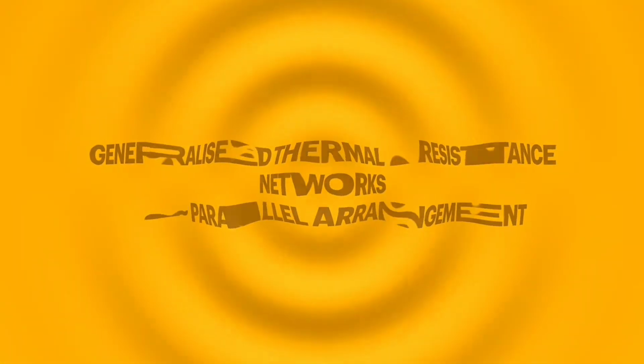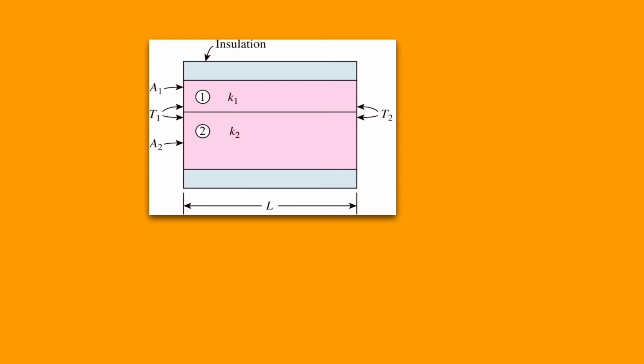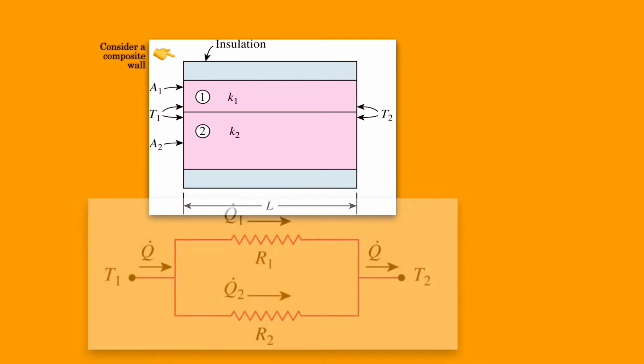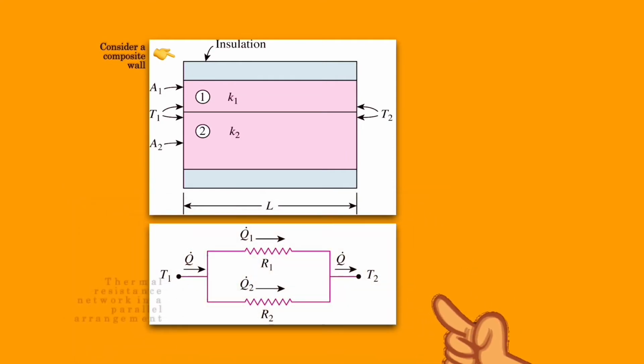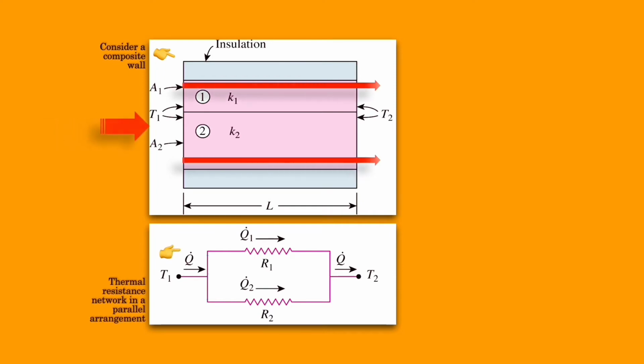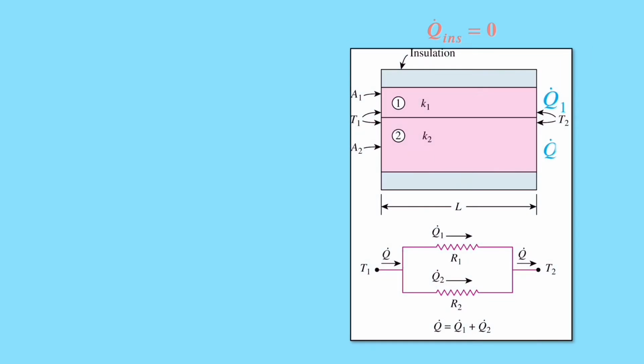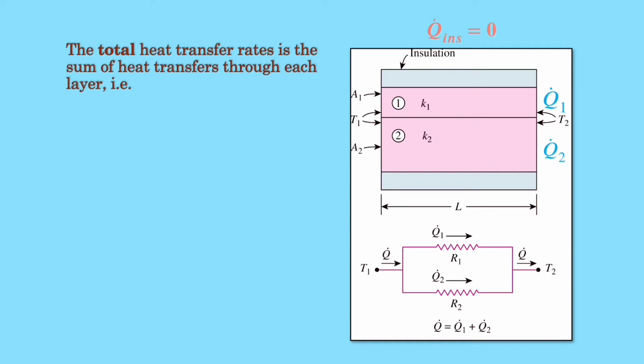Consider the composite wall, which consists of two parallel layers. The thermal resistance network, which consists of two parallel resistances, can be represented as shown in the figure. The total heat transfer is the sum of the heat transfers through each layer as shown in equation 3-29.